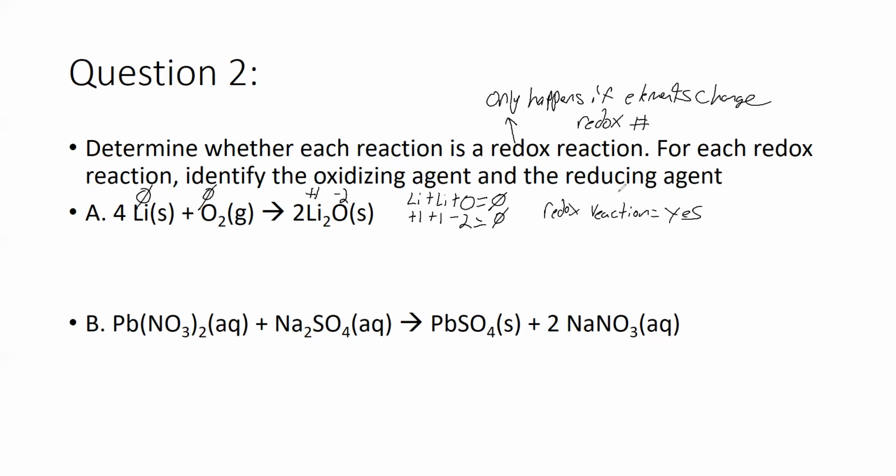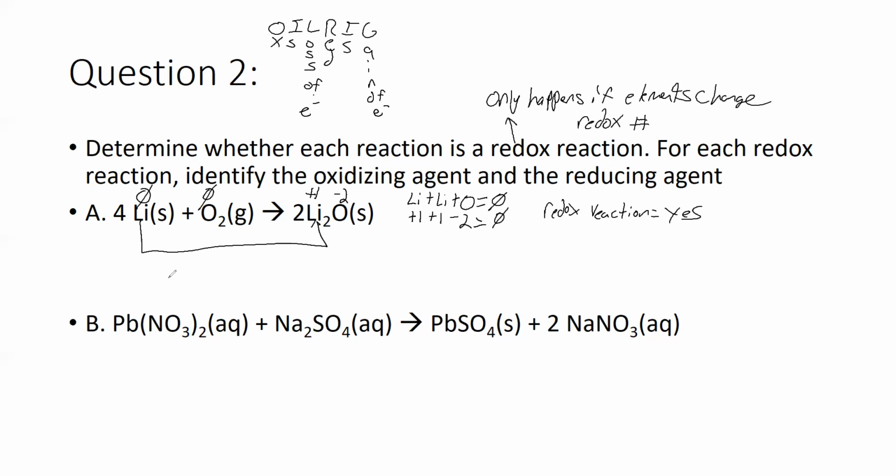Now we need to find the agents. So let's bring up our word of the day again, oil rig. Oxidation is loss of electrons. Reduction is gain of the electrons. So lithium went from 0 to +1.